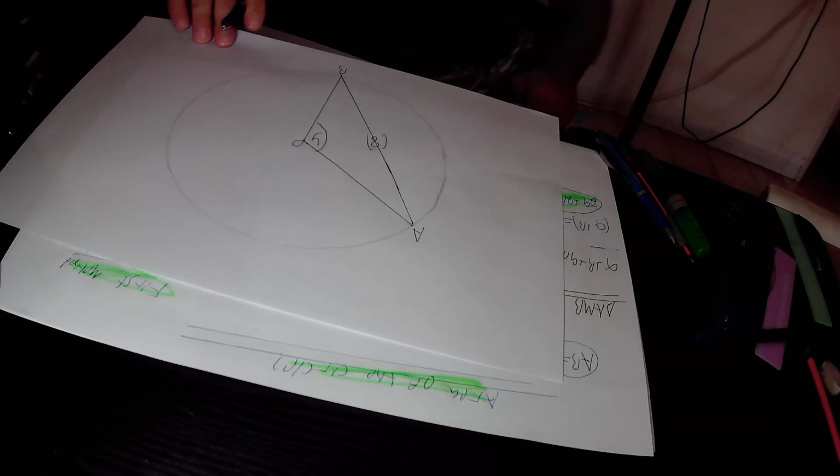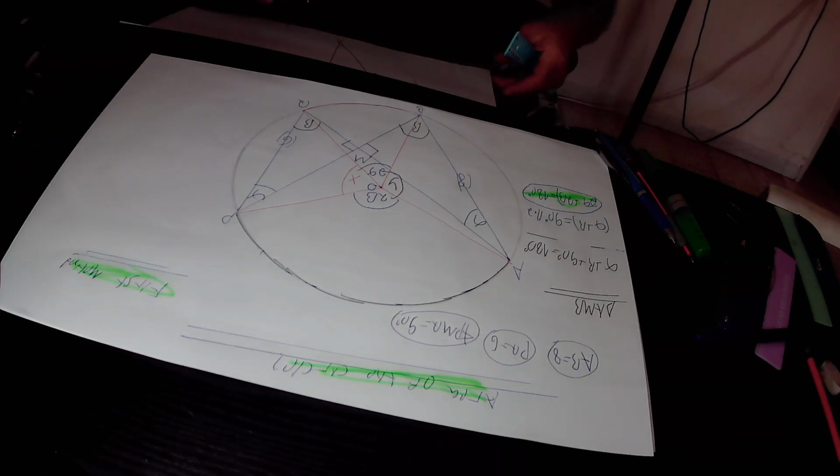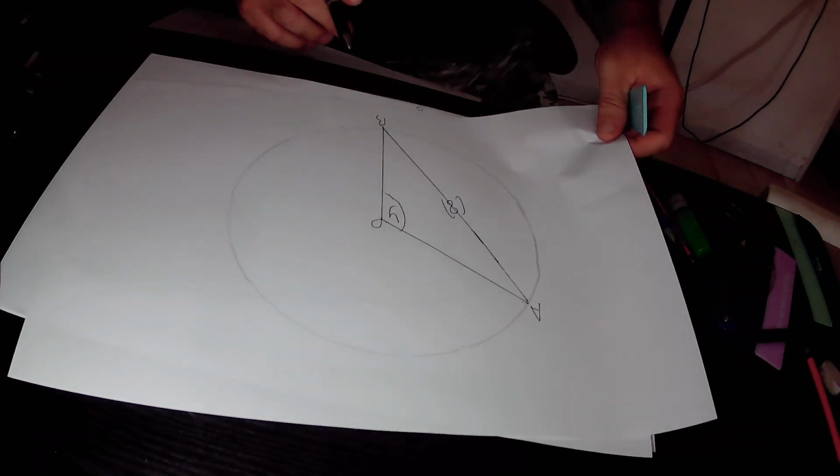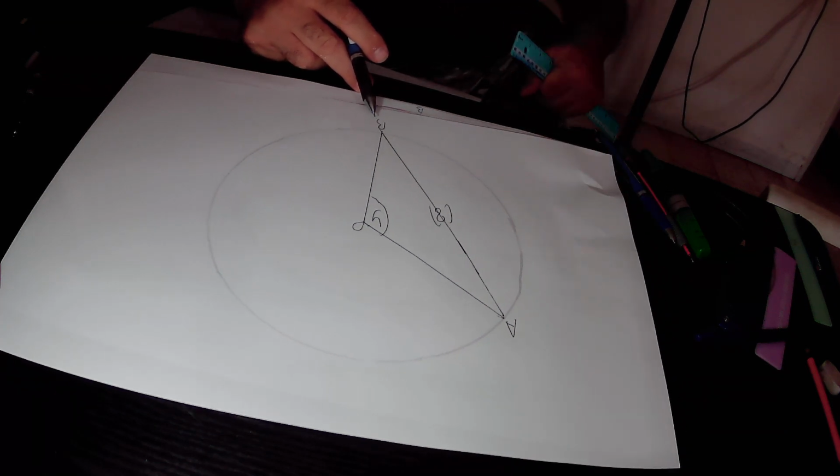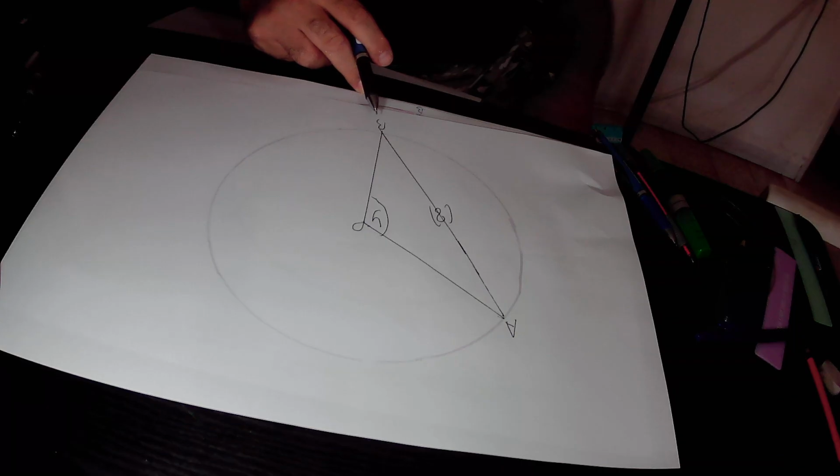In the next step, from point B, I will draw a chord that equals 6 units in its length according to my construction.